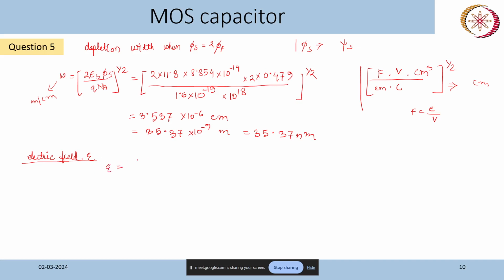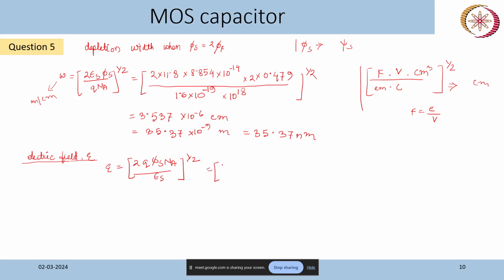Electric field is equal to 2q psi s Na by epsilon s, the whole to the power half. Okay, so in a p-n junction, instead of this psi s, there will be Vbi minus V applied or something like that.